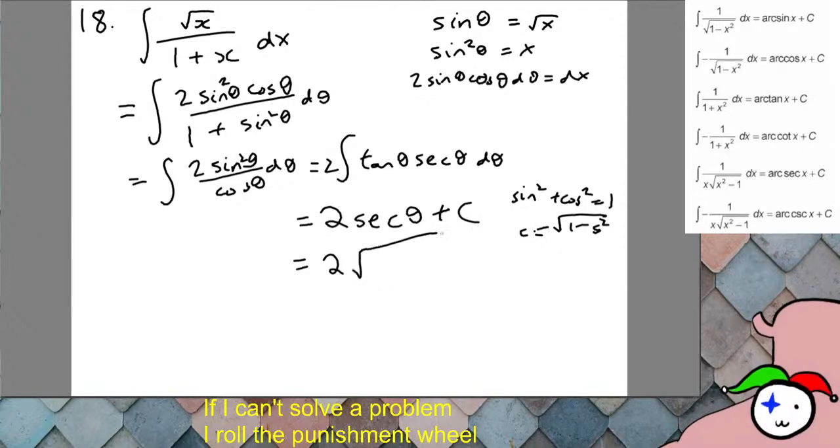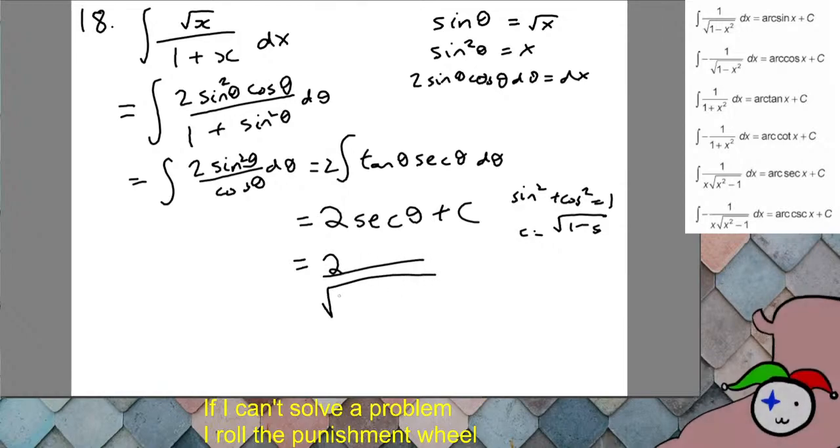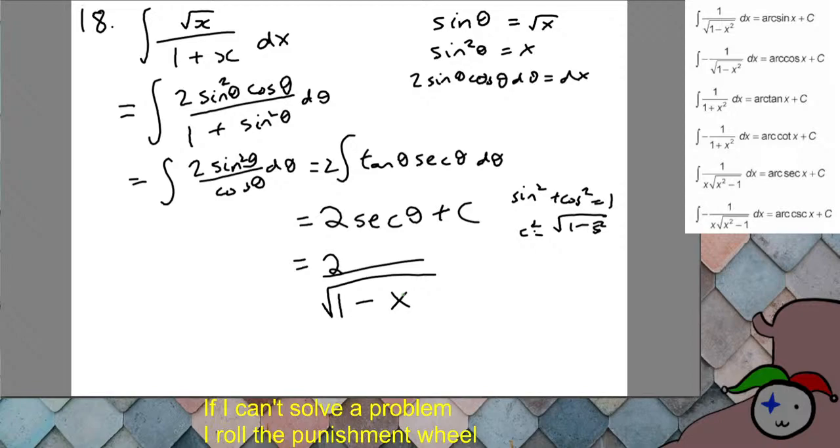So square root... no, 2 over square root of 1 minus x. Oh wow, look at that. That doesn't feel right, but that's what I got, so yeah, wowee.